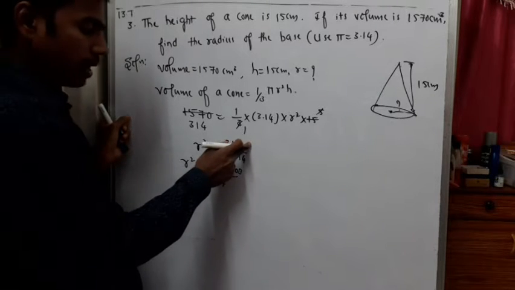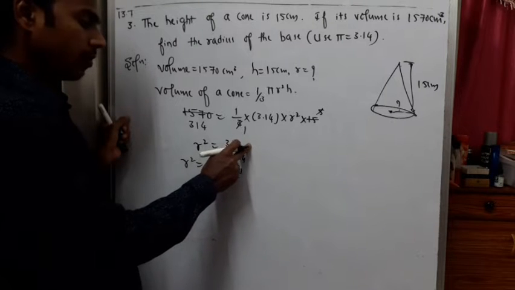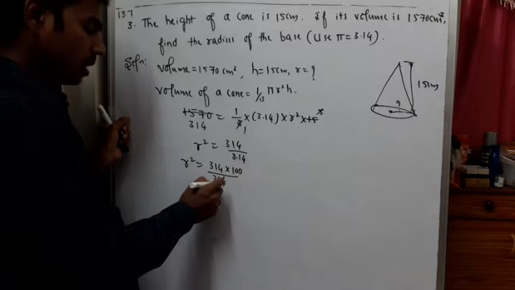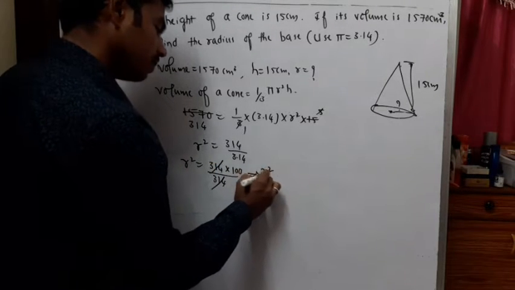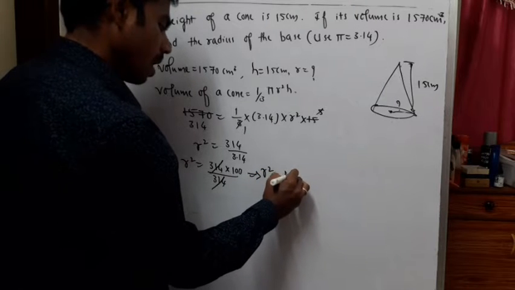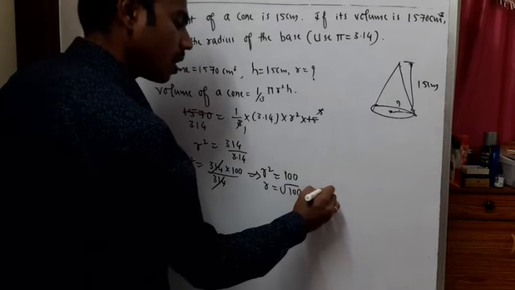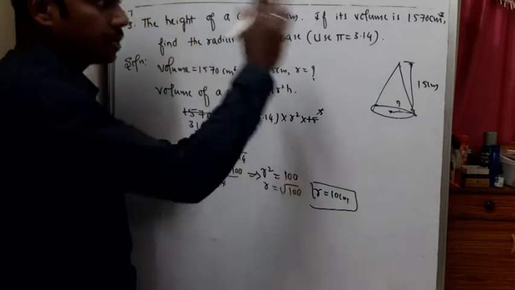Once I multiply numerator and denominator by 100, here you will get 314 into 100. 3.14 into 100 is nothing but 314. This will get cancelled. r square is equal to 100, or else r is equal to root of 100, or else r is equal to 10 centimeter. Fine. So please note this down.